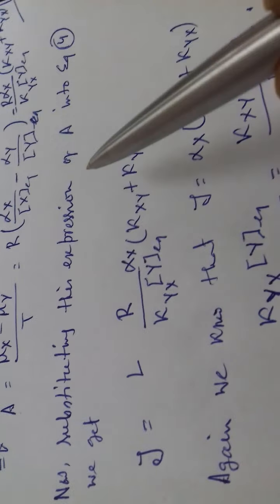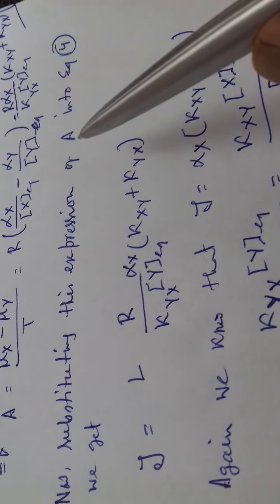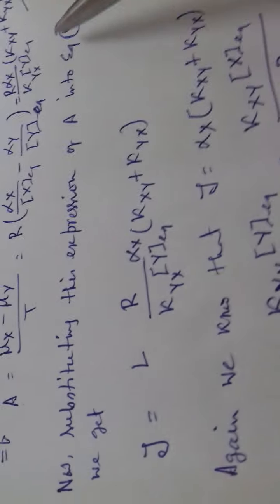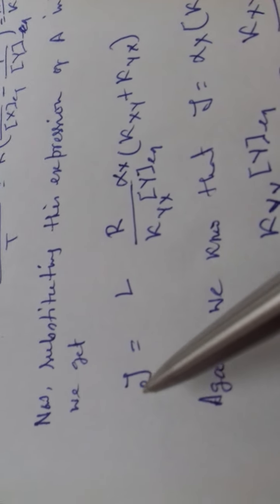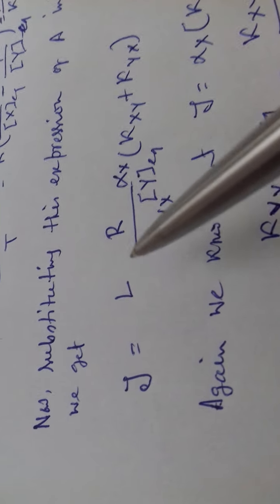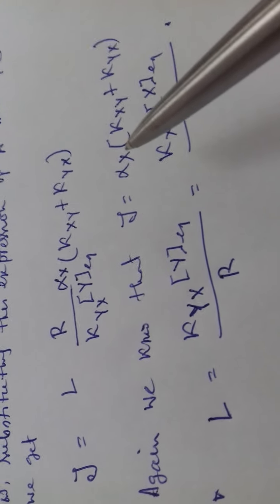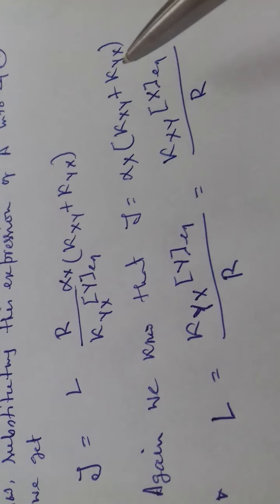So now substituting this expression of A from equation 2 into equation 4, which we have already written. You look at equation 4, what we find out there: J must be L into, because in place of A we can write this. Once again, J we already know is equal to αx into (kxy plus kyx).